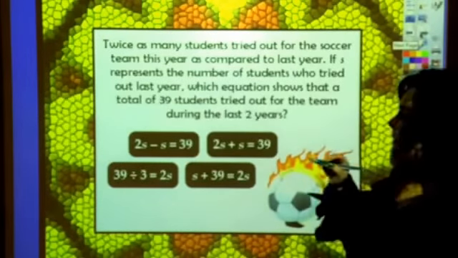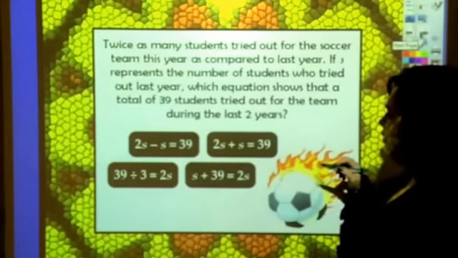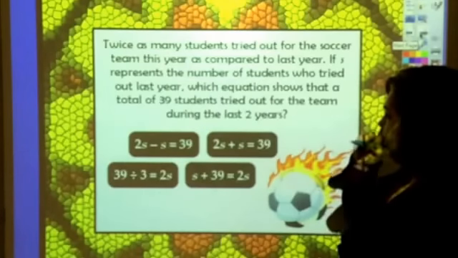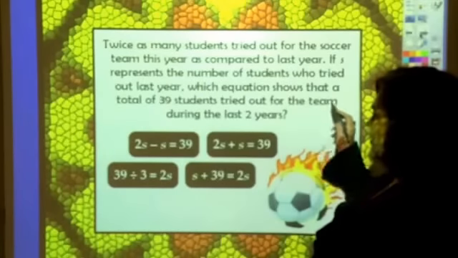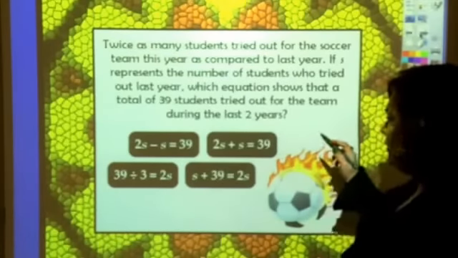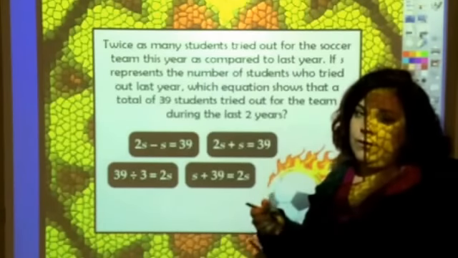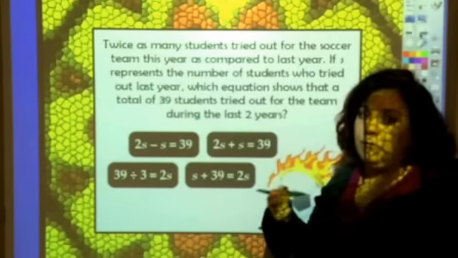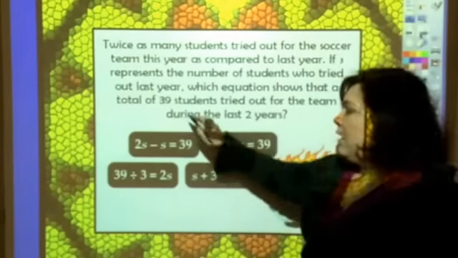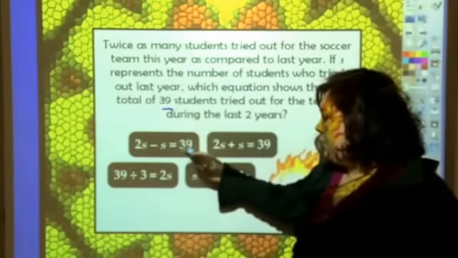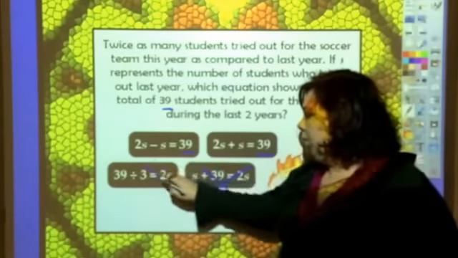Okay, twice as many students tried out for the soccer team this year as compared to last year. If S represents the number of students who tried out last year, which equation shows the total of 39 students tried out for the team during the last 2 years? Now, this is a true equation where it's equal to something, not equal to a variable. So 39 is your total. So it has to be one of these two. It's not going to be these.